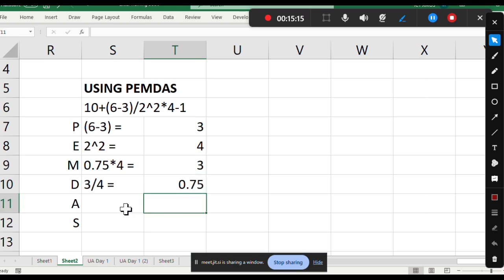So then, after that, the addition will now take place. Between addition and subtraction, the addition comes first. This 10 will now be able to carry out its function. It will now be 10 plus this 3 that we've gotten again.